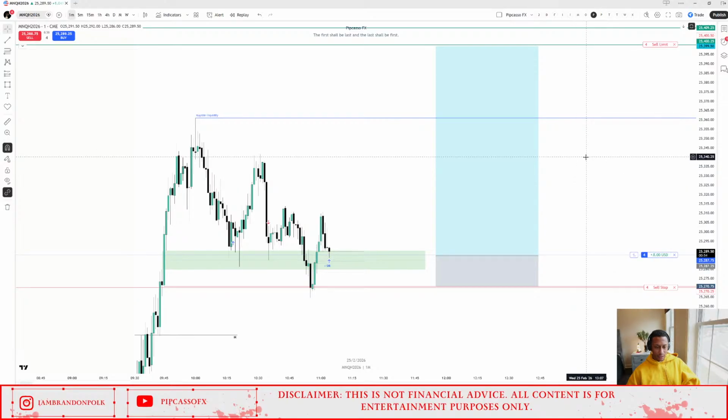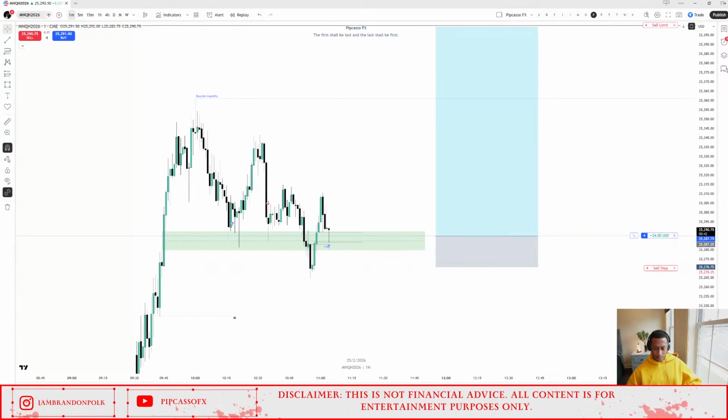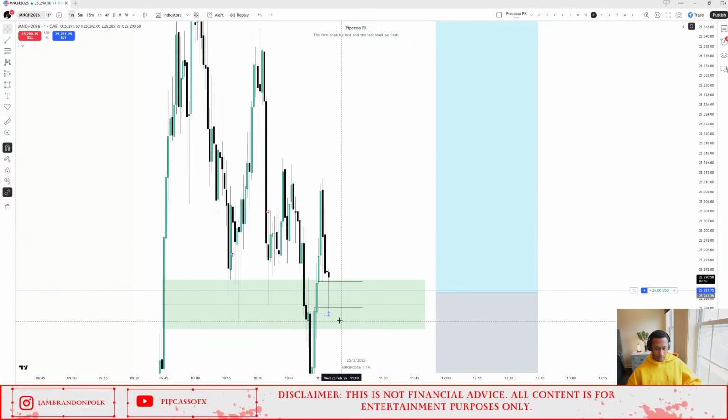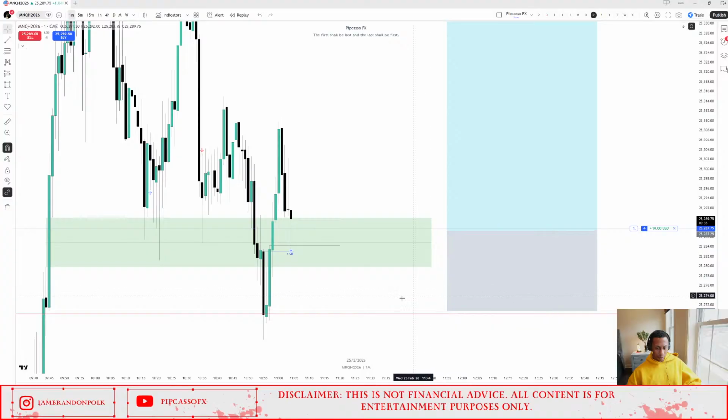Okay, so that's my trade idea here. After taking that out, see what we end up doing here. Back down to the order block. Booked.